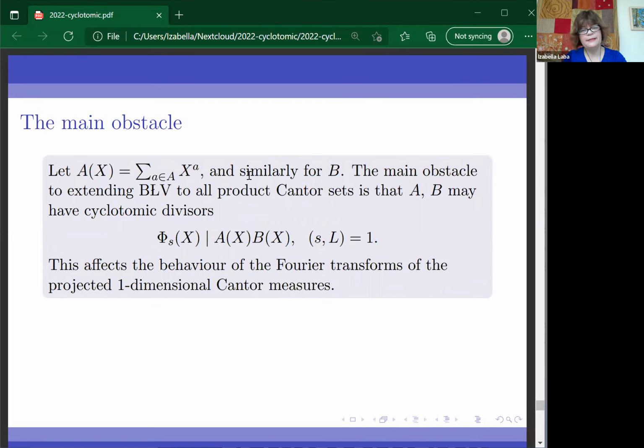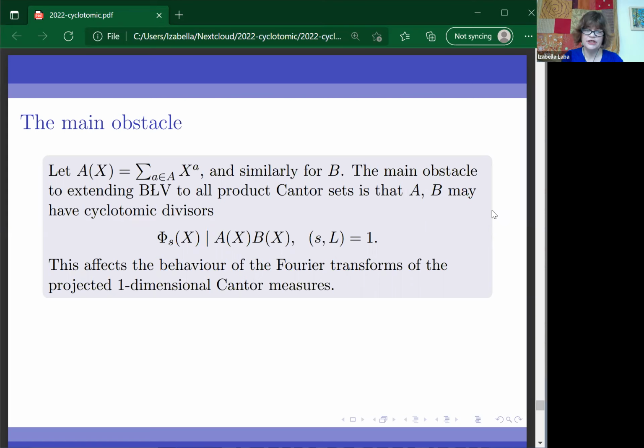The main obstacle to extending that estimate to all product Cantor sets involves cyclotomic divisors of A(X) and B(X). And specifically, the divisors that cause trouble are those with S relatively prime to L. That affects the behavior of certain Fourier transforms that we have to compute.